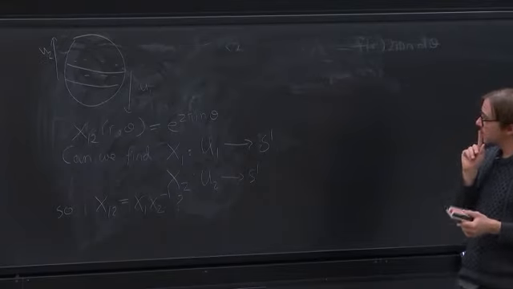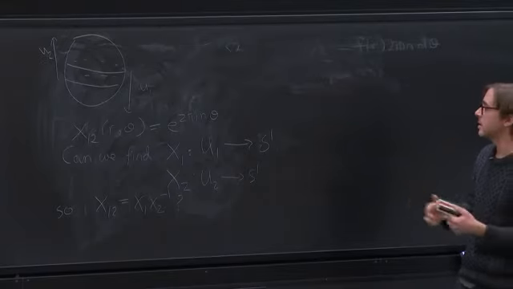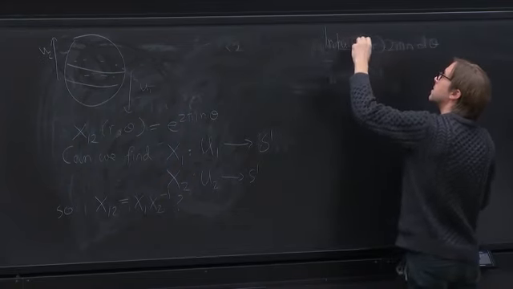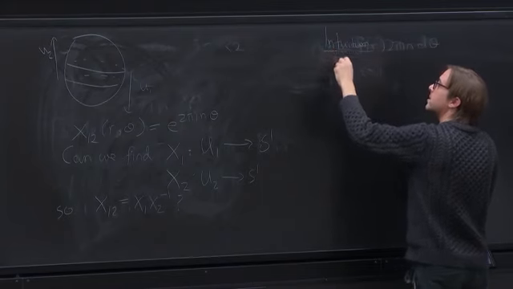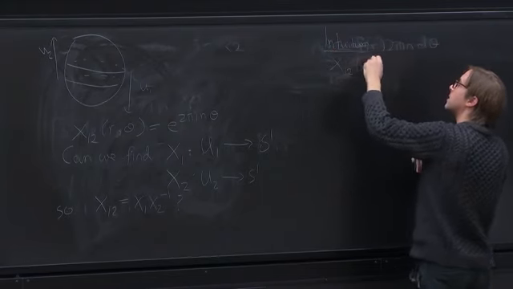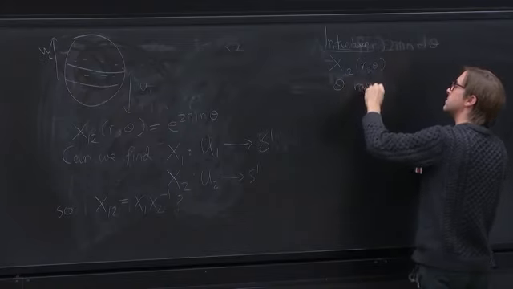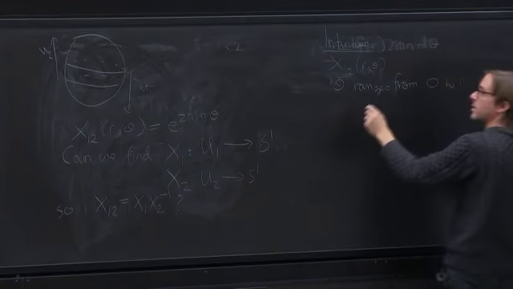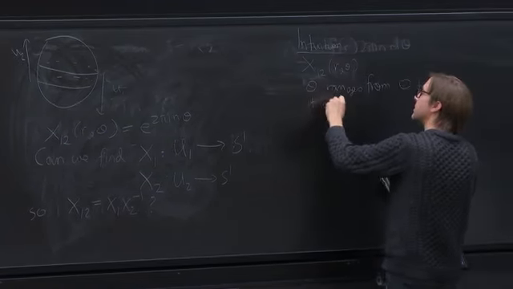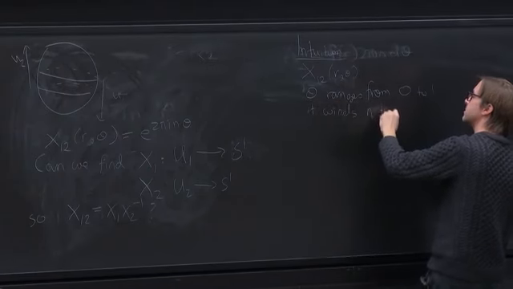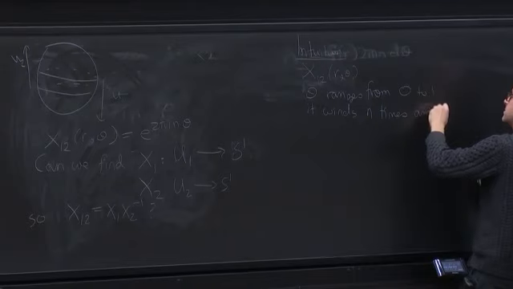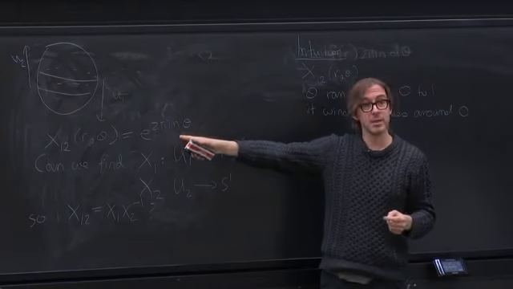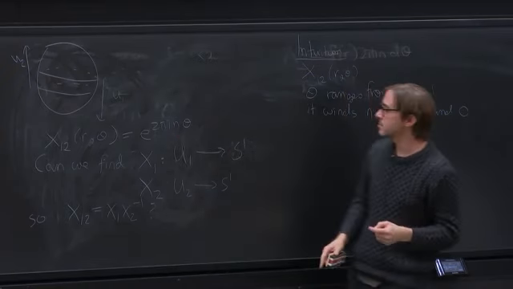So the intuition for why you can't do this: if we consider x1,2 of theta as theta ranges from 0 to 1, which is its period, this guy winds n times around the origin. It's this complex number. This should be a very familiar thing from complex analysis. It winds around the origin n times.